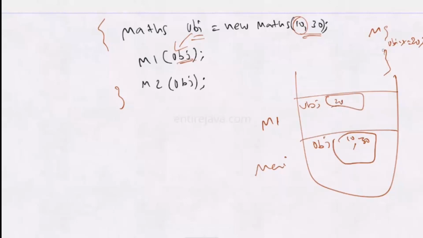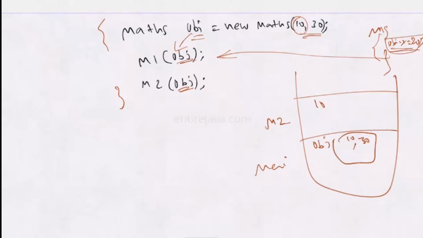Once we come out of this method M1, this detail will get popped out of the stack. So that means there is no information related to this method M1. That also means we don't have the details on the updated state. So when we send this object to method M2, a new section will be created, and again the value of x would be 10, not the updated value. This is clearly a problem.